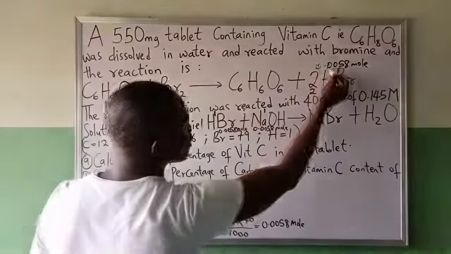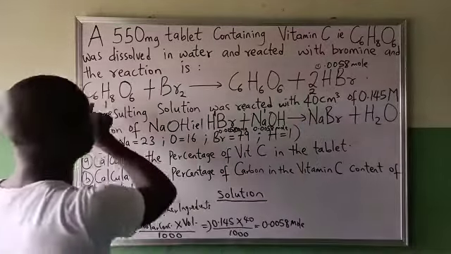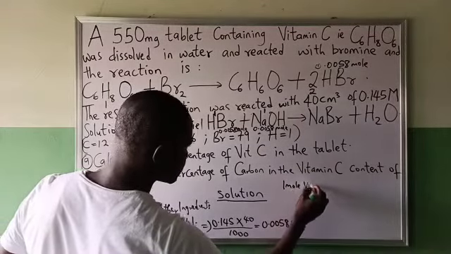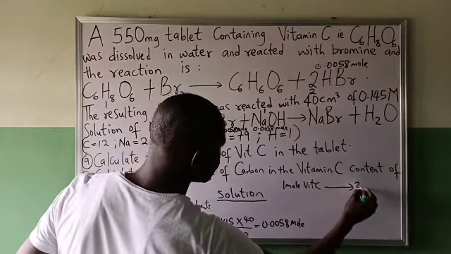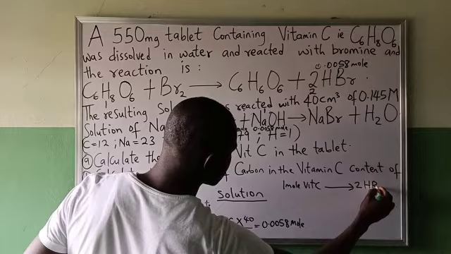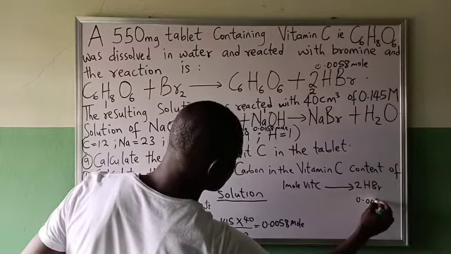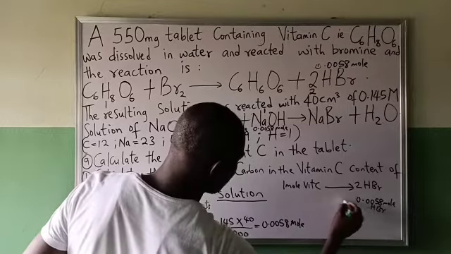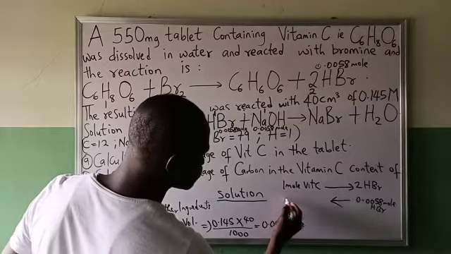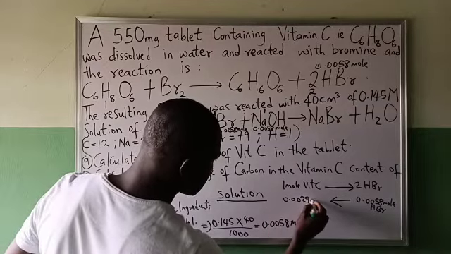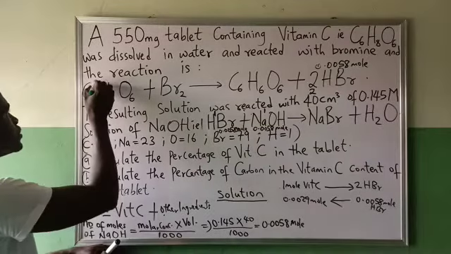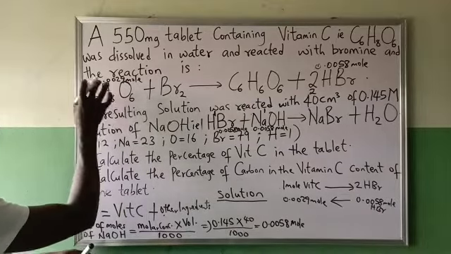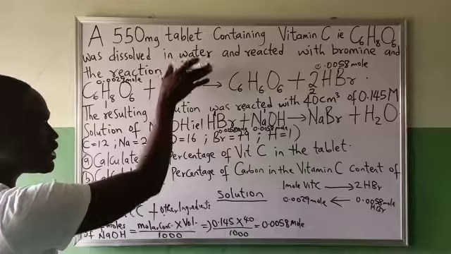So if we have 0.0058 moles, comparing it with this, 1 mole of vitamin C produces 2 moles of HBr. Therefore 0.0058 mole of HBr will give you how many moles of vitamin C? This times 1 divided by 2, 0.0029 mole. So here is 0.0029 mole.